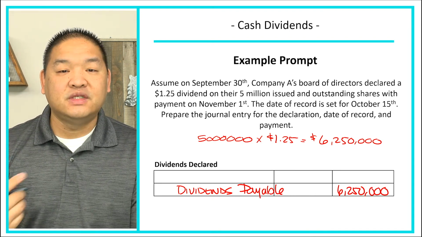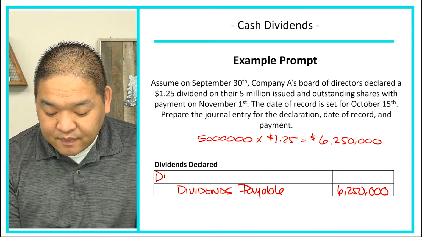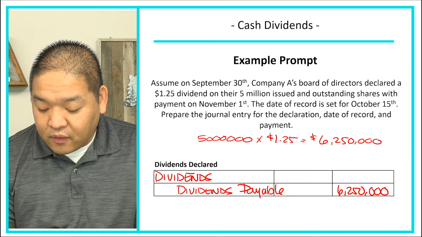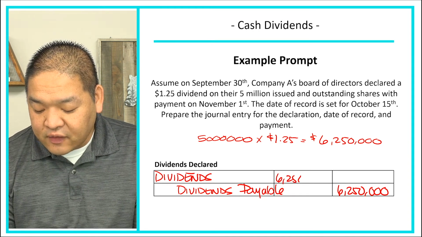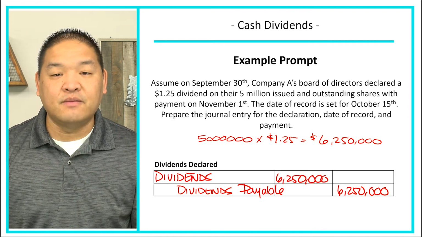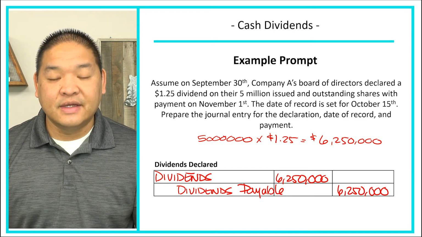And then we're going to debit our dividends account. So debit dividends for $6.25 million. So that would be our journal entry on the date that we declare the dividends.